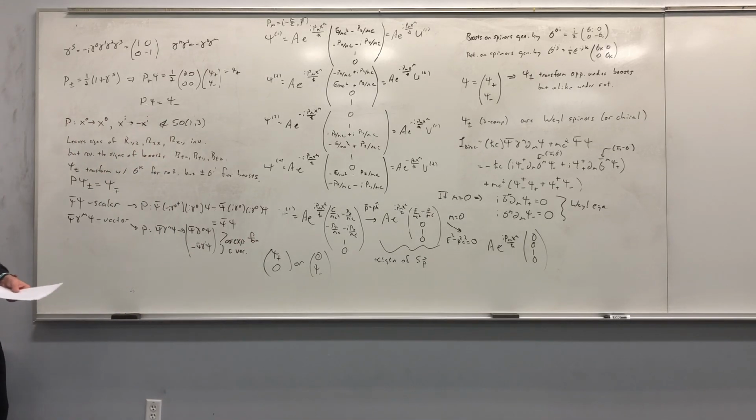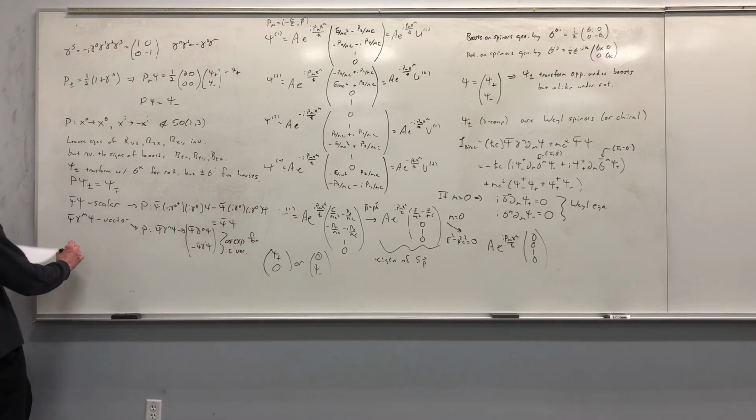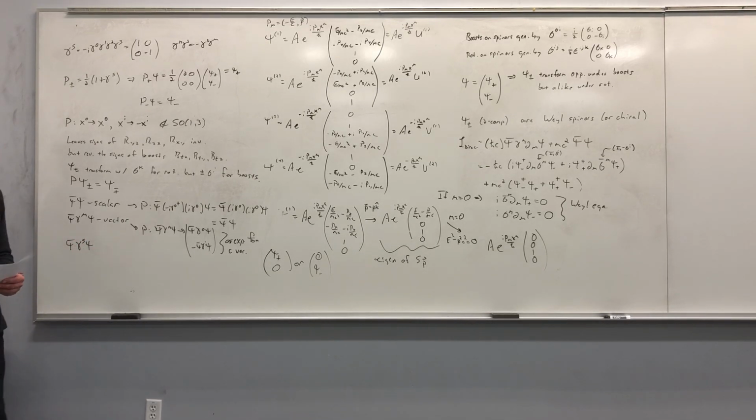Okay? So then we can look at two alternatives. First of all, I can look at psi bar gamma 5 psi. How does this transform under SO(1,3)? Pseudoscalar? Under SO(1,3), it is a scalar, thank you.